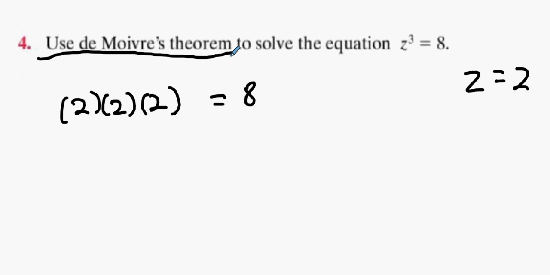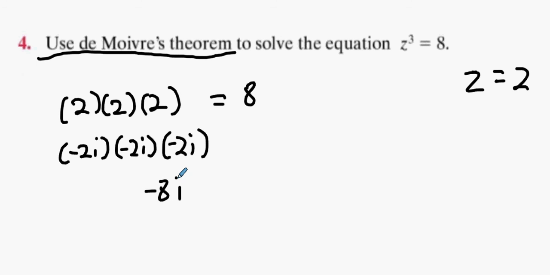It specifically says use the Myers theorem. Okay? Anybody know how to get the second one? What's minus 2i multiplied by minus 2i multiplied by minus 2i? Anybody? Minus 8i cubed. Actually, that doesn't work. So I only got one answer.